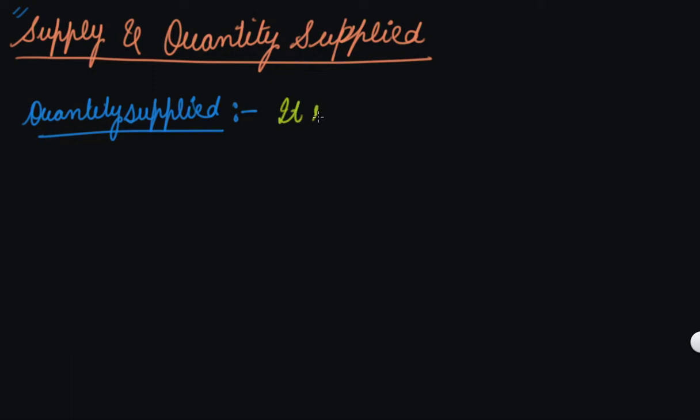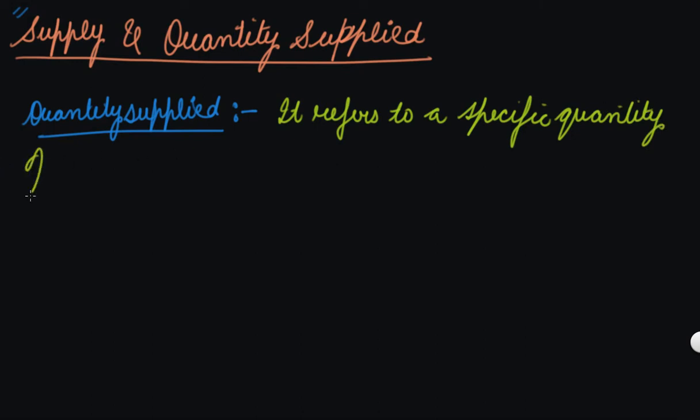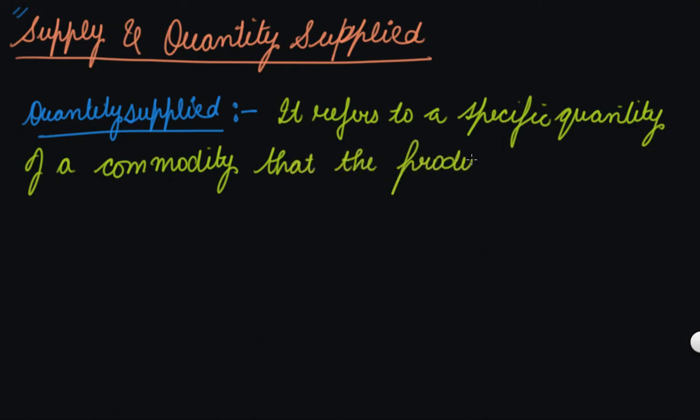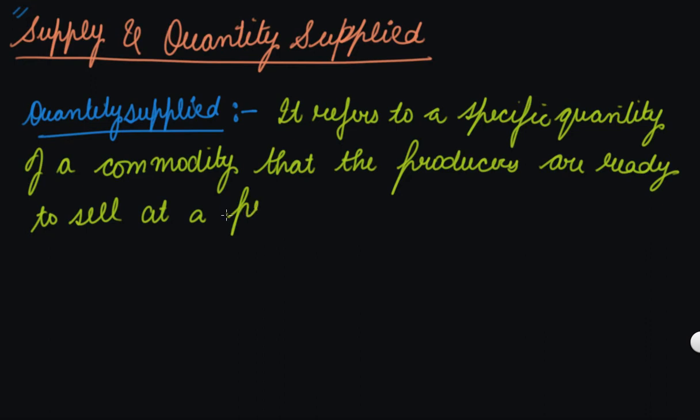It refers to a specific quantity of a commodity that the producers are ready to sell at a specific price of that commodity, right?